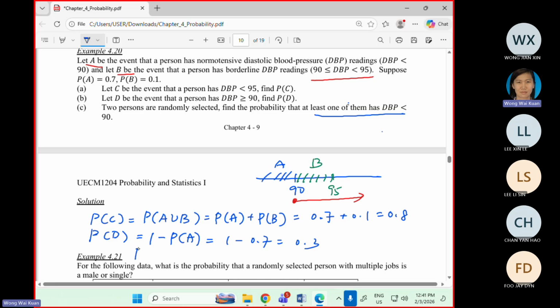So I'm finding the probability of at least one A, which is 1 A or 2 A's. Which one is not A?